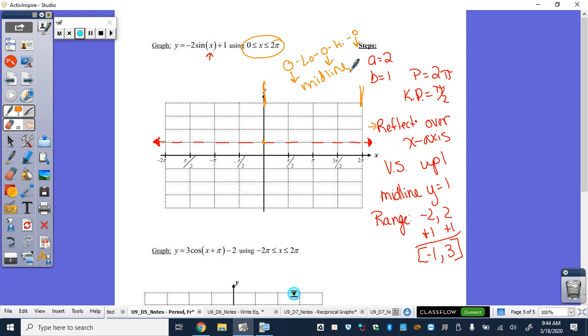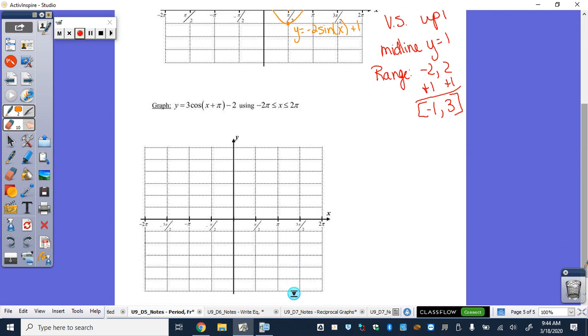So when the midline moves up, that means your 0 technically moves up as well. So we're going to go 0 from my midline. I'm going to go down 2 since I had an amplitude of 2, 0, up to 0. And so there is our curve, y equals -2 sine x plus 1.